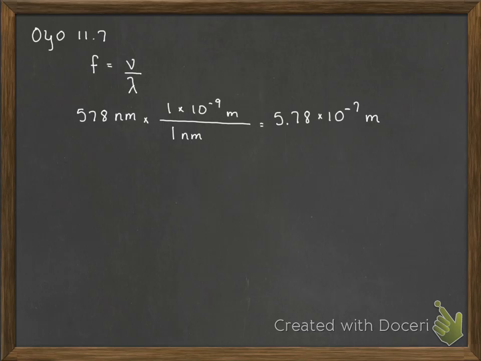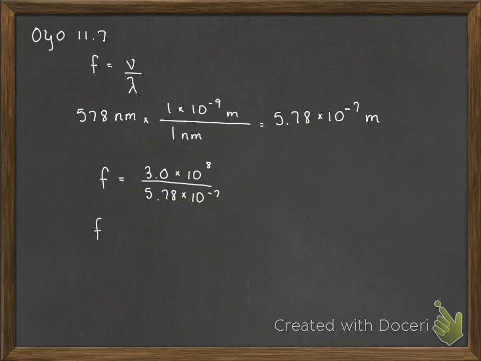So we're looking for the frequency. Light travels at a speed of 3.0 times 10 to the 8th meters per second, and our wavelength is 5.78 times 10 to the negative 7th.